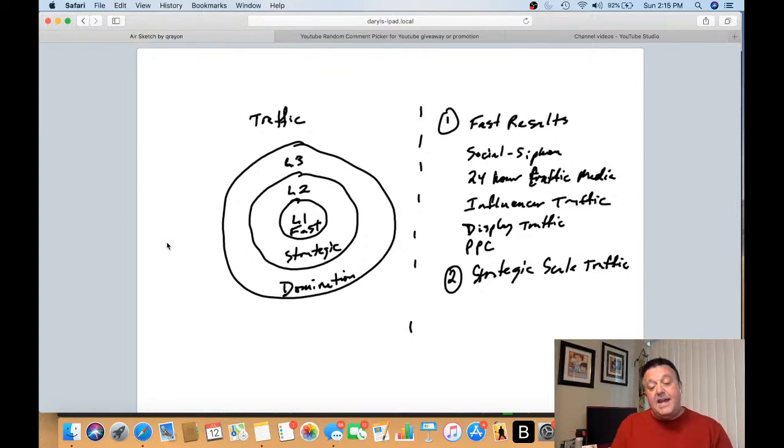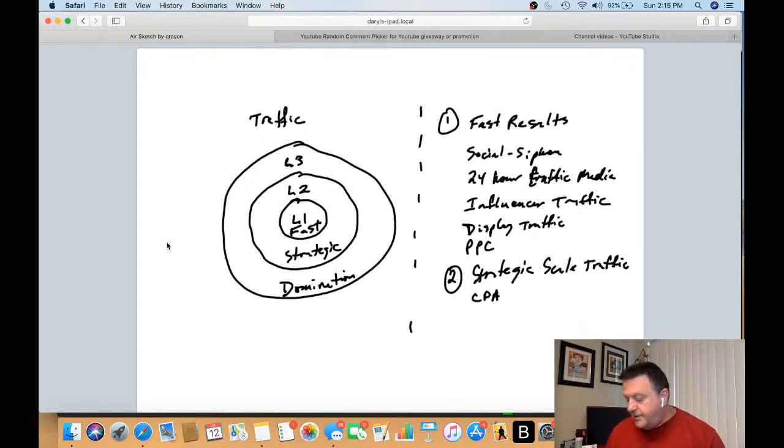By scaling, I'm saying you've got something that's successful in the fast results, and you're now ready to take it to the next level. Scale it up, make it larger, get larger numbers. Okay? Now, there are a couple of strategies we're going to talk about in the strategic scale traffic.